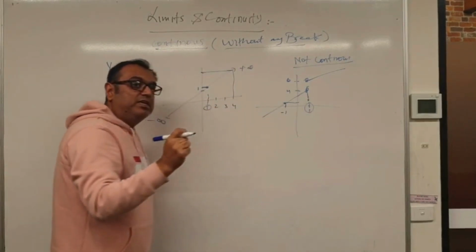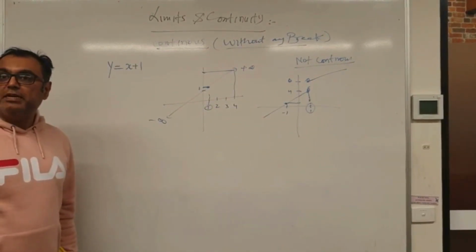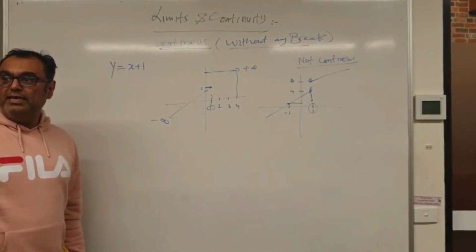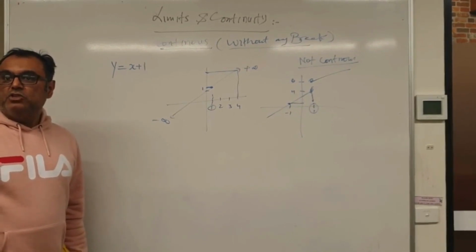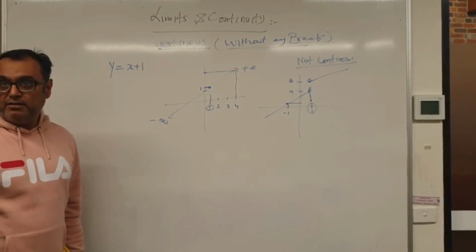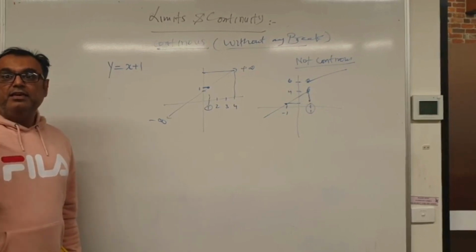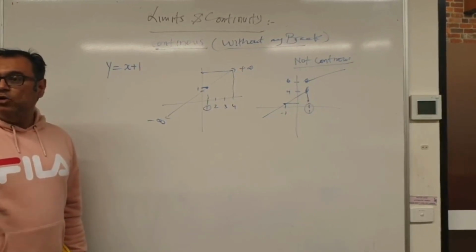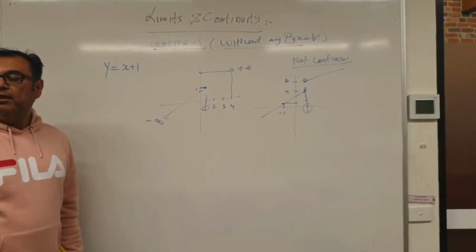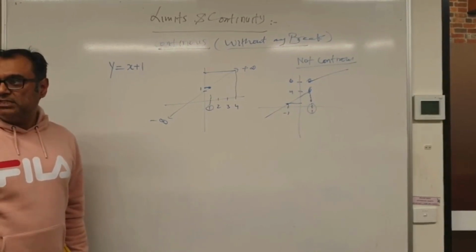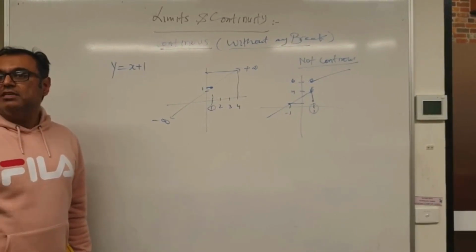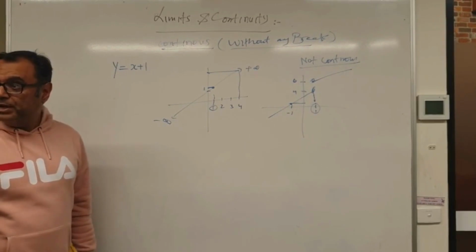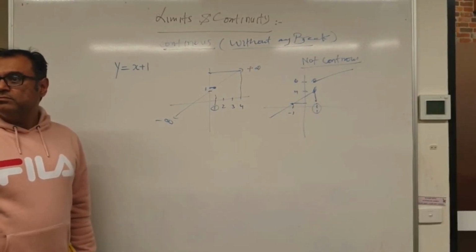So continuity is always with respect to a value on the x-axis. If you can find a value of y for a given value of x, the function is continuous at that point on x. Does that make sense?